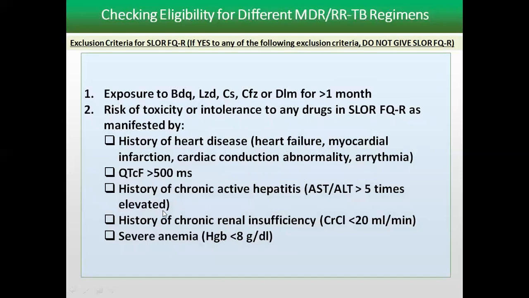Okay. So, definitely, what we see, which is really common to all, is the history of cardiac disease, chronic hepatitis, and renal insufficiency. So, once you see from the onset that the patient has these, the patient is immediately not eligible for all of the standard regimens. Then, the individualized treatment regimen comes in.